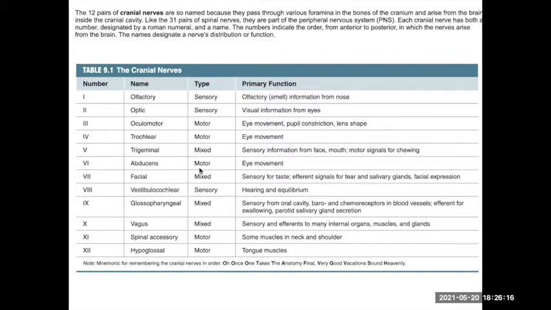So we're going to go over little tricks, little mnemonics like this dumb one over here, or other ones that you could look up online. Once one takes the anatomy final, very good vacations sound heavenly.